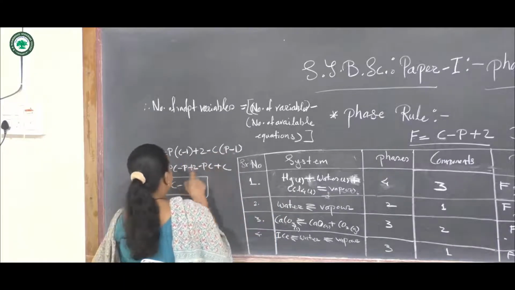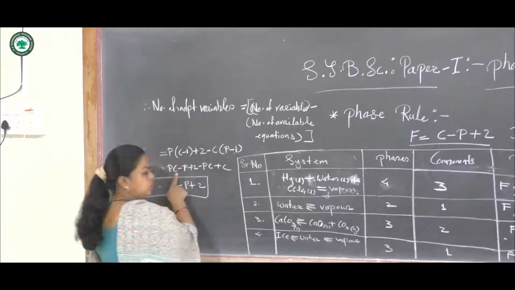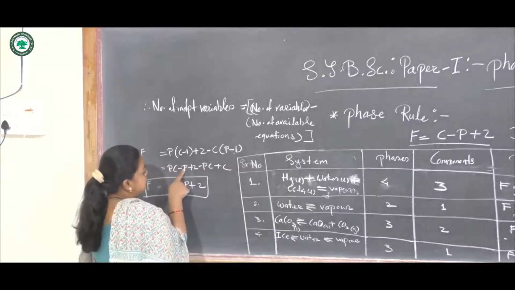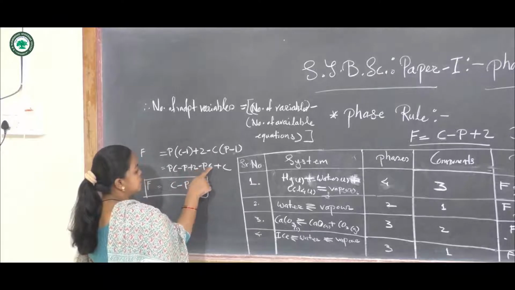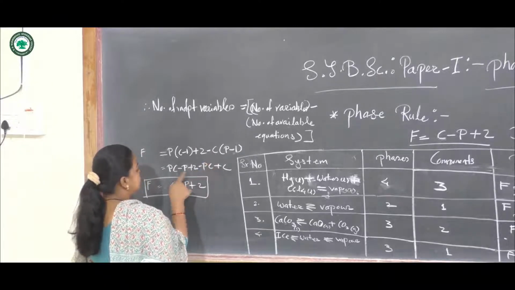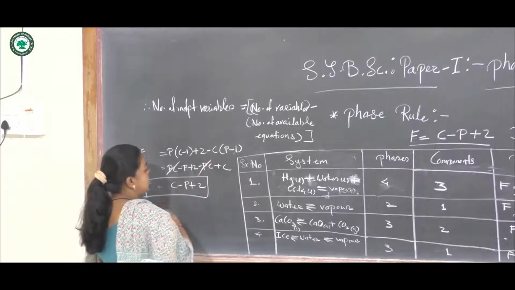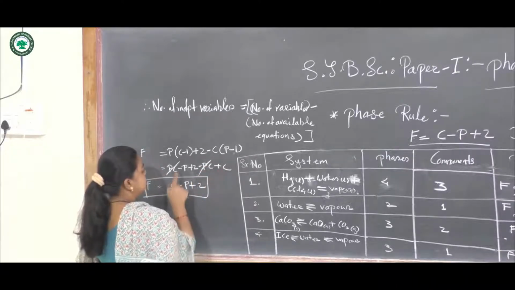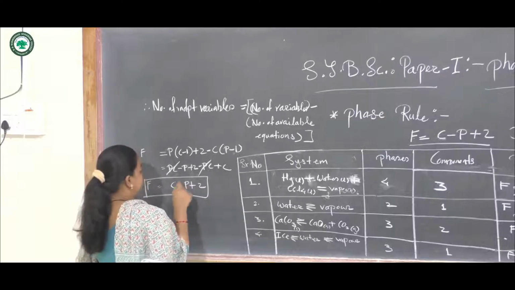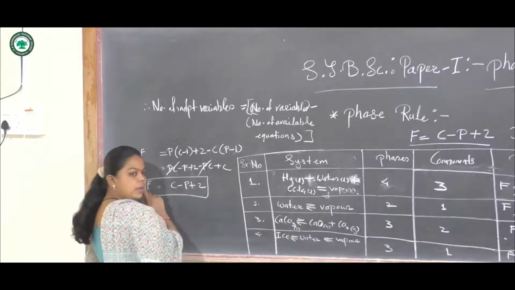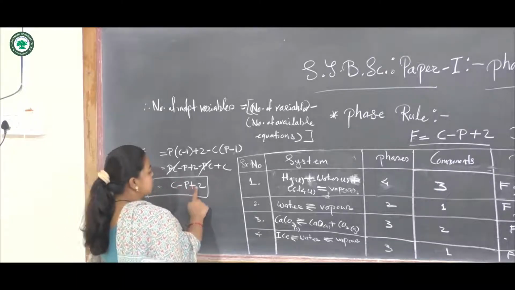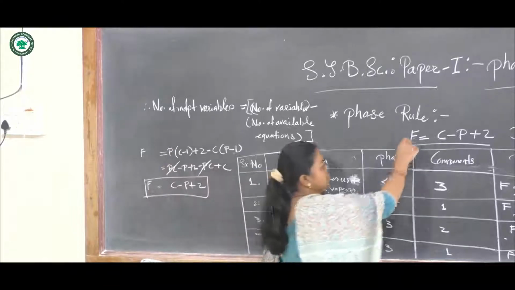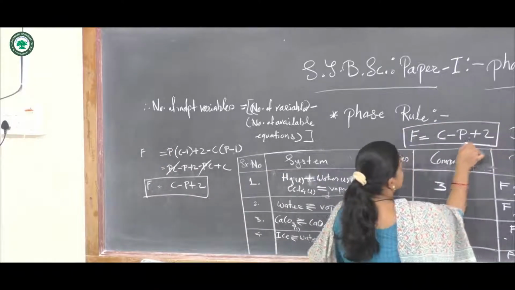If we solve this equation, we get PC minus P plus 2 minus PC plus C. So minus PC and plus PC get cancelled, and we get C minus P plus 2. So our equation becomes F equals C minus P plus 2. This is the equation.